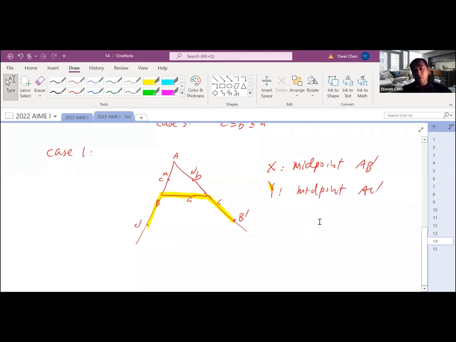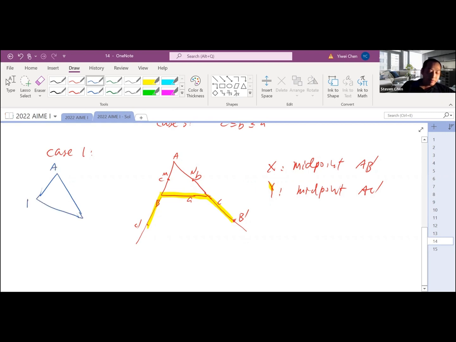Now let's do some further analysis. Let's first look at line MX. Here's what we know: M is the midpoint of AB and X is the midpoint of segment AB prime. Let's look at the triangle ABB prime. Let me extract it here and draw it to the left.